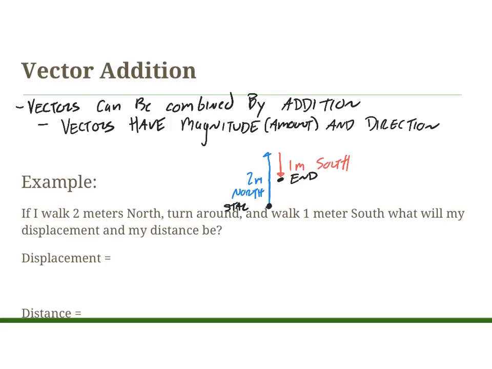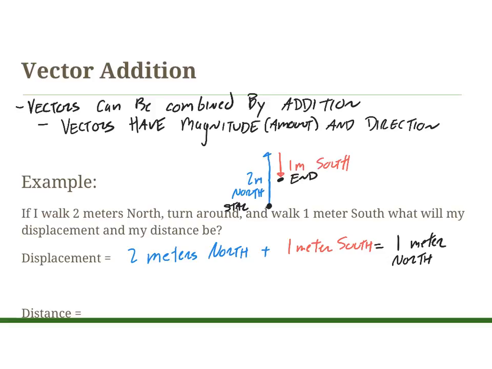So my displacement would be the value of 2 meters north plus 1 meter south. That would actually equal a grand displacement of 1 meter north.